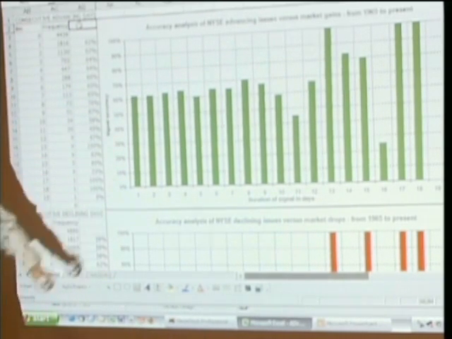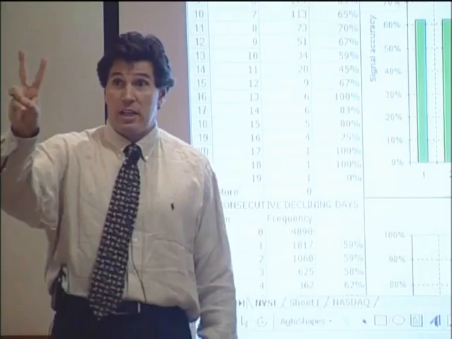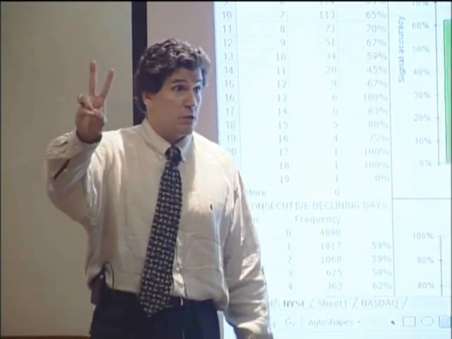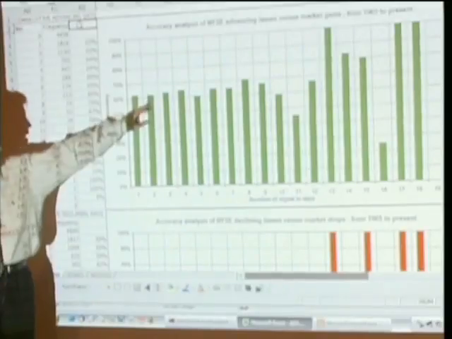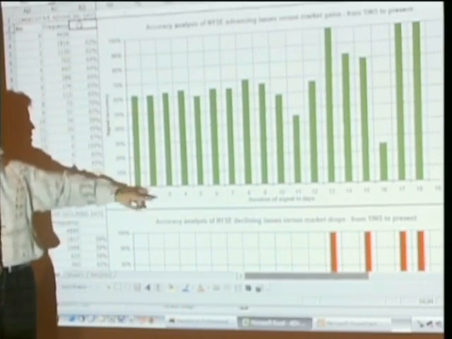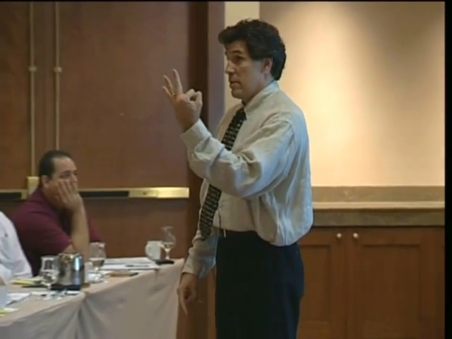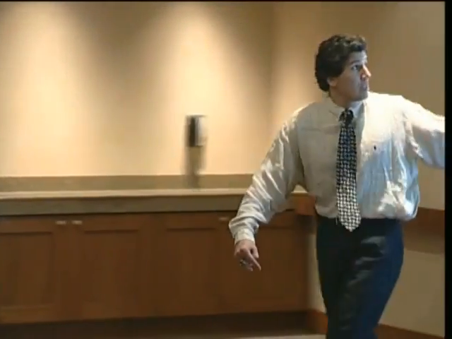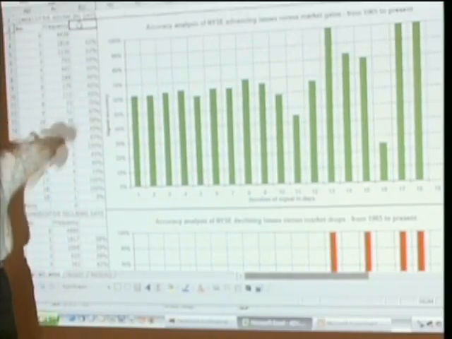On Monday, advancing issues beat declining issues. You have 2 consecutive days of advancing issues beating declining issues. What's the likelihood the market will be up on Tuesday? 62%. If on Tuesday, advancing issues beat declining issues, that would be 3 consecutive days of advancers beating decliners. Everybody follow that? What's the likelihood it'll be up the next day? 64%.